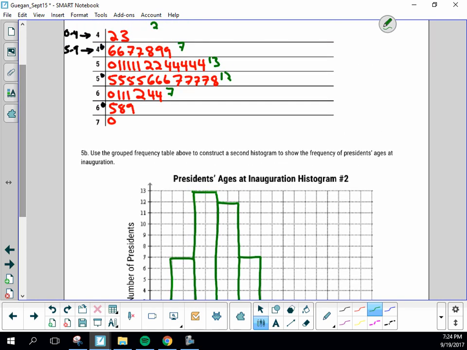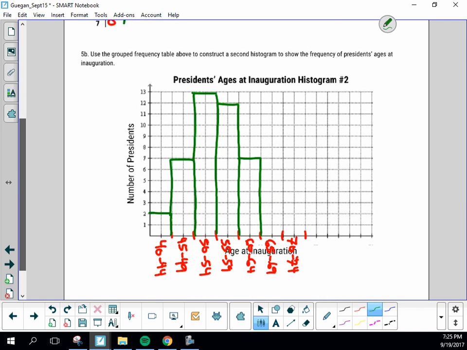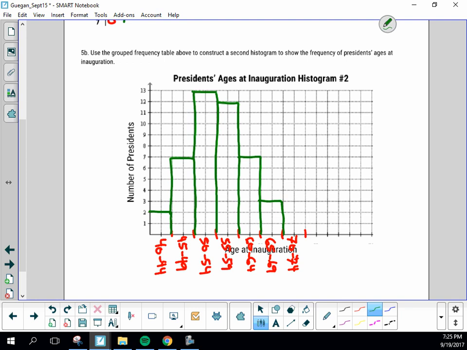From 65 to 69, we have 3. And we'll just do the 70s right now as well. We have 1 there. So we had 3 for this last one, 1 for the 70s. Okay? That is what your second histogram should look like. And that concludes this video on the Oval Office analysis packet.